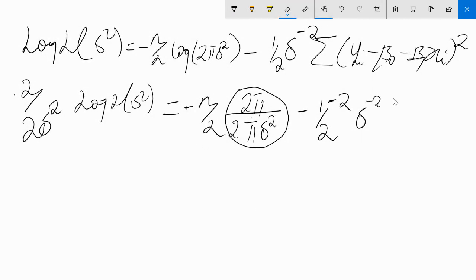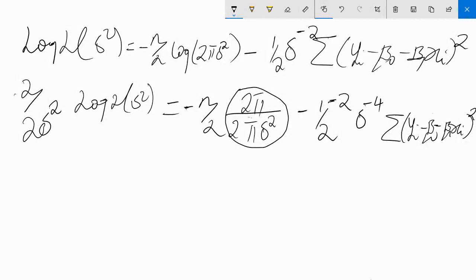So we have sigma to the power minus 4. Then this term, we leave it as it is because there's no sigma there, but because it is multiplied with our sigma squared, we leave it as it is.